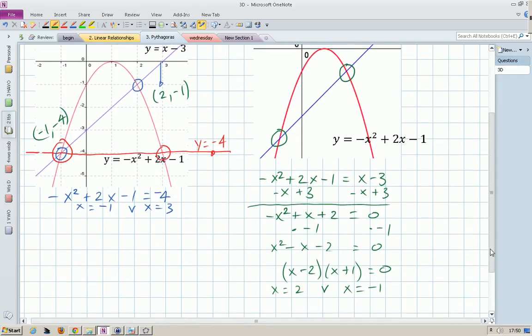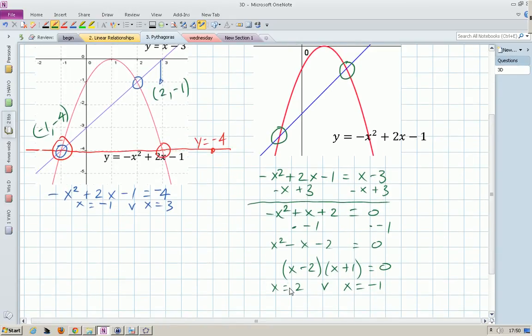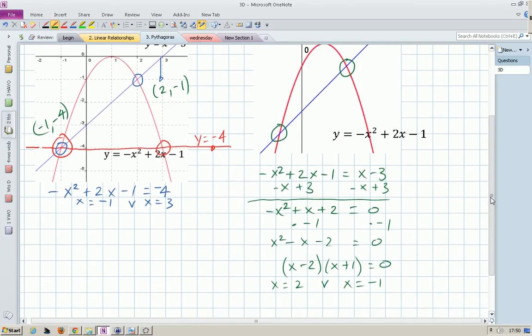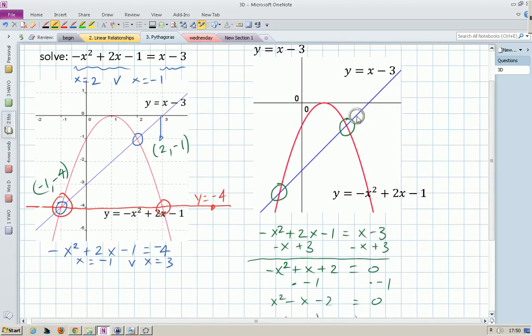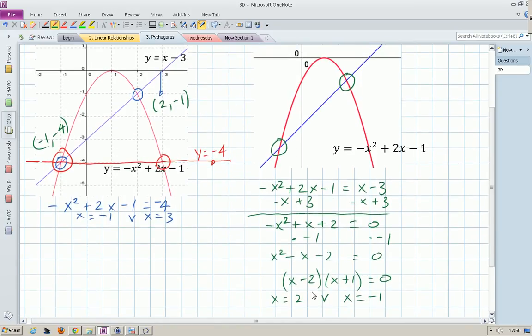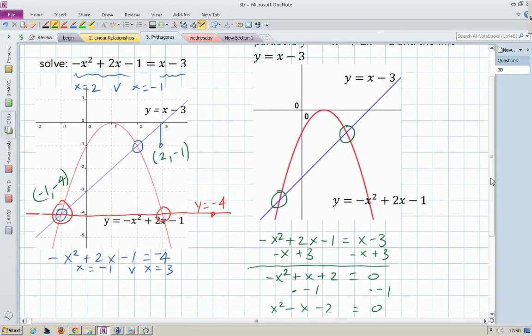So what we do then is take this x equals 2 and put it into the formula, for example, of the line or the parabola. It doesn't matter. I could put x equals 2 into either the line or the parabola, because I'm going to get the same answer, of course, since that's the x we set out to find and it will give me the same y.